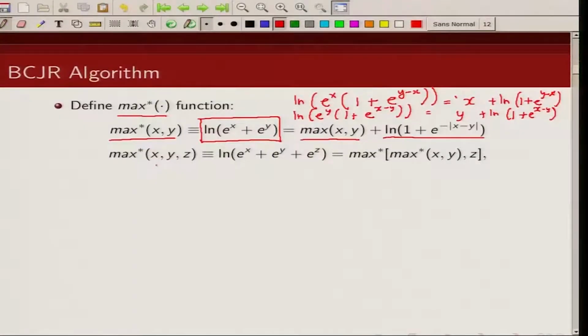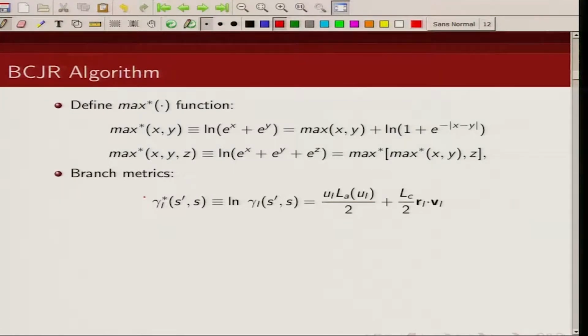If you want to find max star of x, y and z, then I can write it as the natural log of e to the x plus e to the y plus e to the z, and I can do max star of x and y, and then take the max star of that result with z. So, I can iteratively apply this max star operator to compute quantities of this form, which is the log of summation terms. Now, where do we encounter log of summation terms? I will come to that.